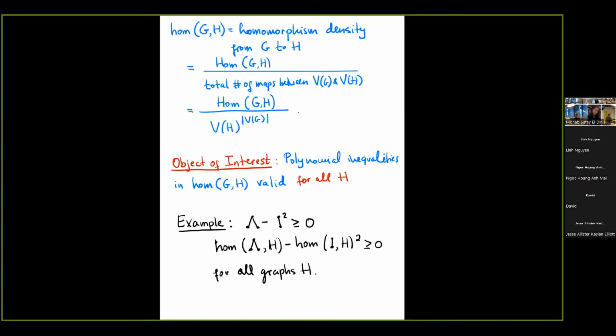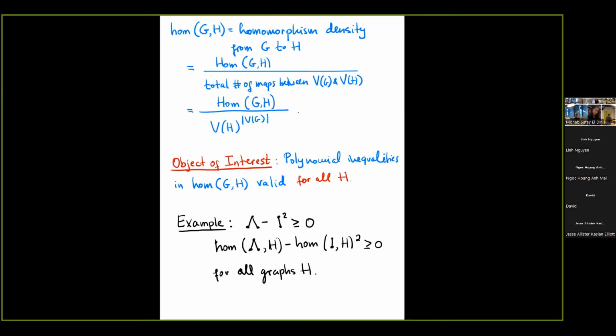Okay, so in general, I can write down expressions like this that are going to be polynomial expressions in homomorphism densities. And what I want to find out is all of the expressions that are non-negative for any target graph H. Those are the things that I would like to understand.